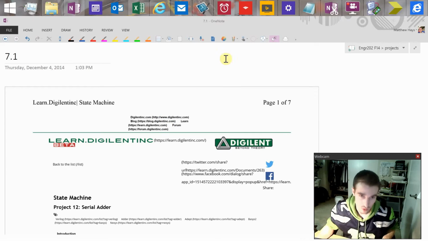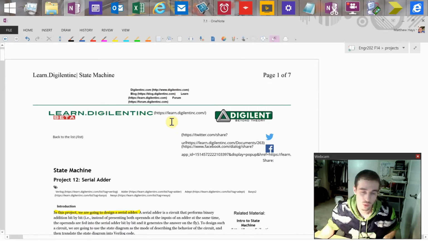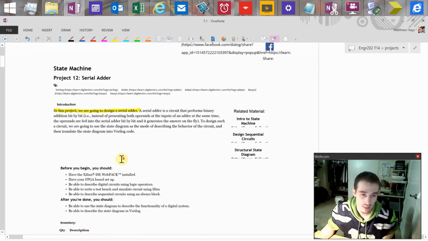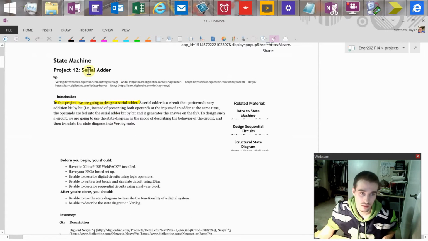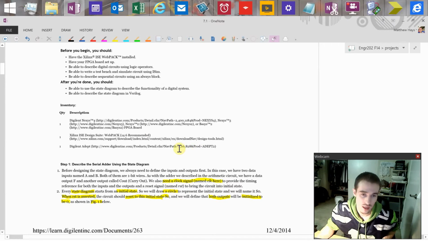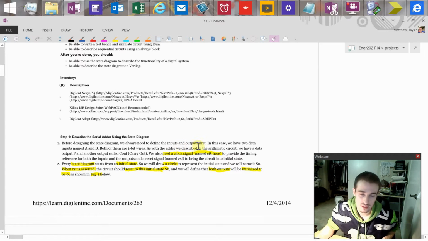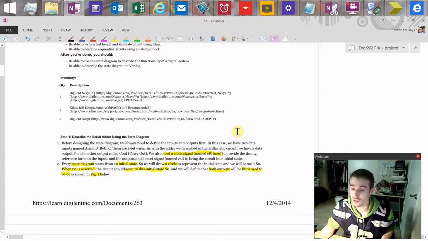Project 7.1 is about state machines and the serial adder. This assignment project didn't actually give you any instructions on what to do.